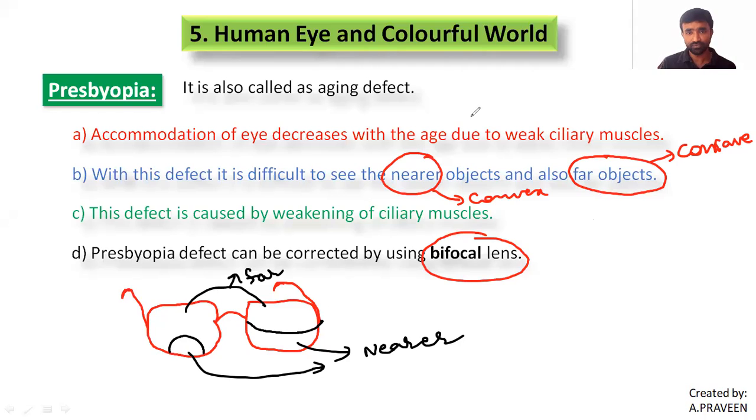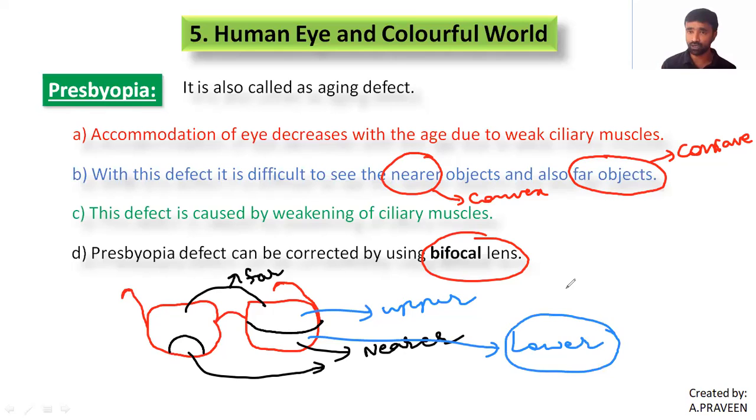Nearer objects. Sir, convex lens. Right. So here, which portion will be with the convex lens in your specs? This is the upper portion. This is the downward portion, the bottom, the lower portion. So what type of lens can you expect in the lower portion?